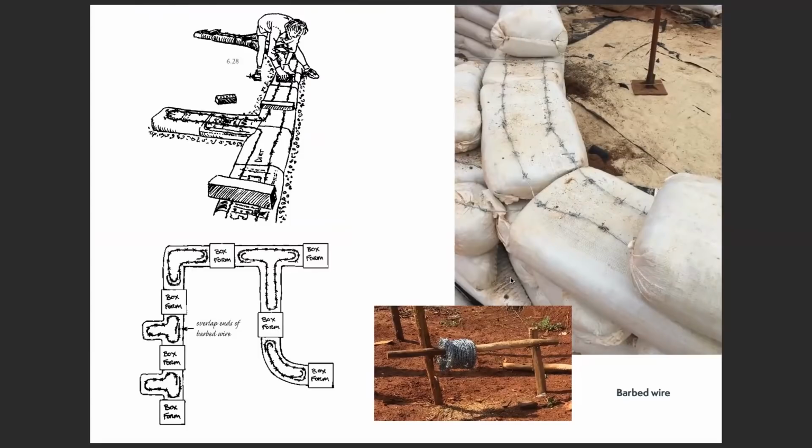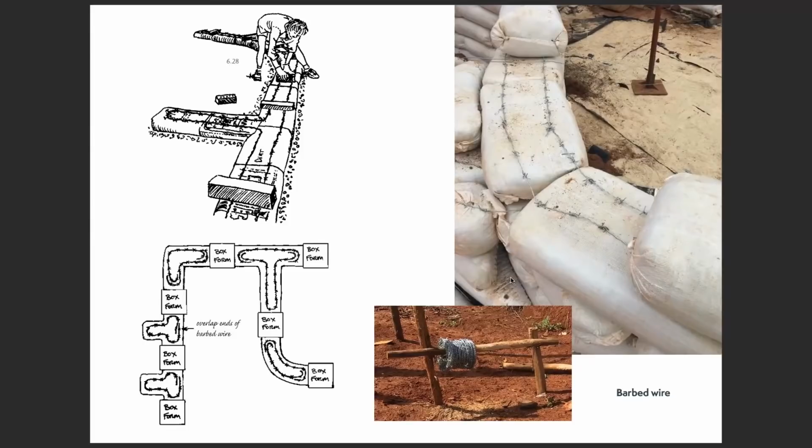A very important part of earth bag construction is barbed wire. It's very, very important to use barbed wire because you avoid slip between the bags, so it works like mortar. In brick and mortar, it really works like mortar, locking the bags together.